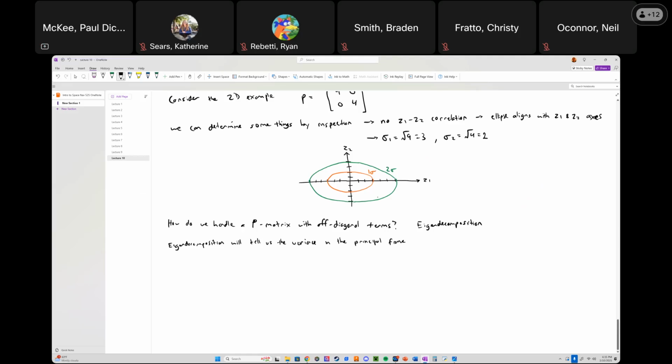Those are our eigenvalues. And how to map into this principal frame. And those are our eigenvectors.